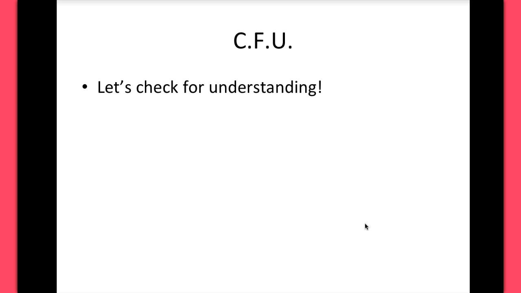So CFU, let's check for understanding. Let's make sure you really know what's going on here. What are context clues? On your notes, you should have a section that's asking you to restate this. So write that down. I gave you some think time there.